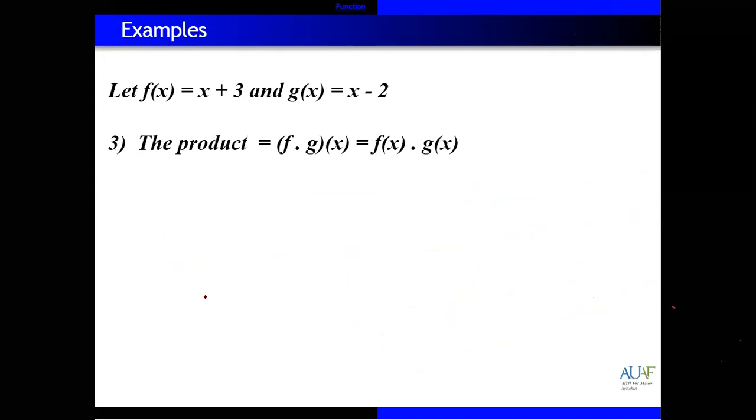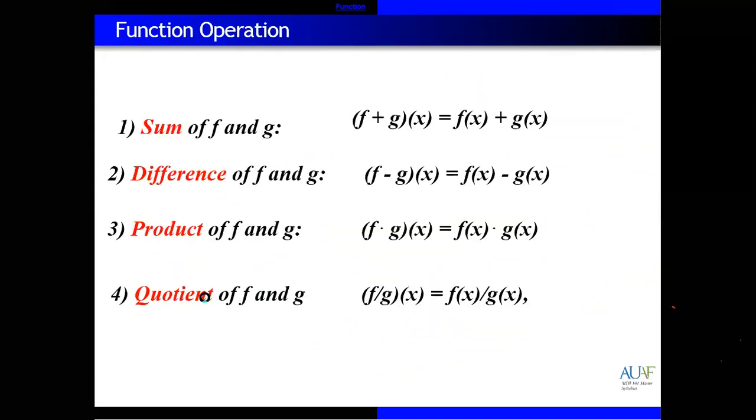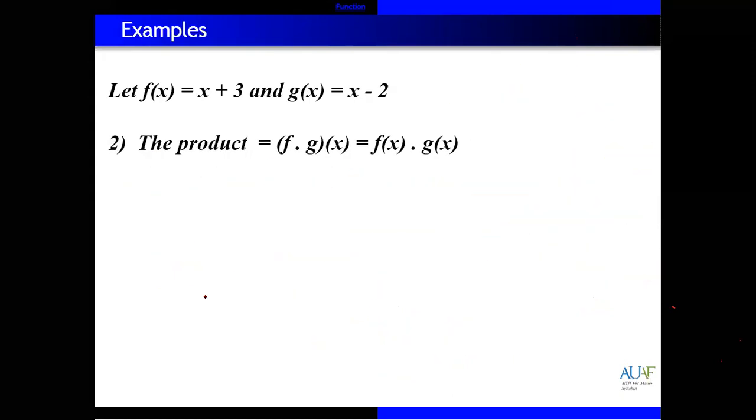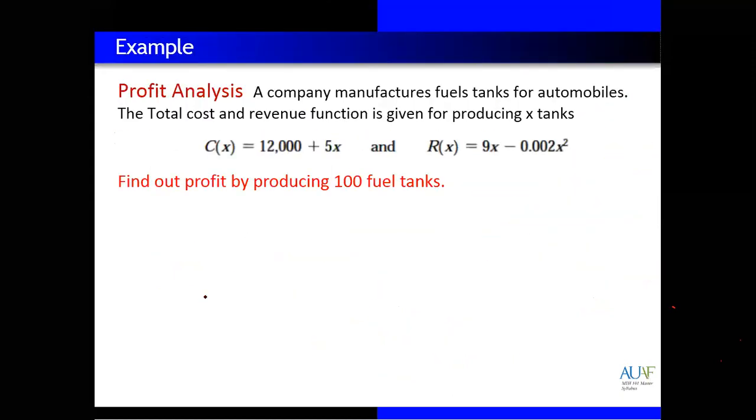Same as multiplication and addition of two functions, but let's solve one example on the subtraction of two functions. Now, profit analysis. How to find out profit for a company? In this example, a company manufactures fuel tanks for automobiles.